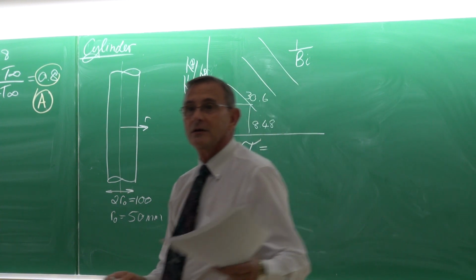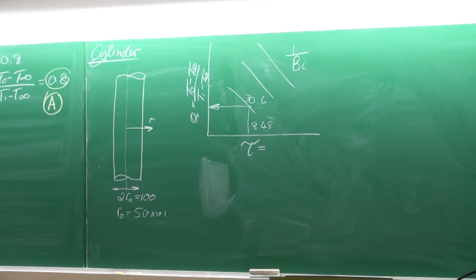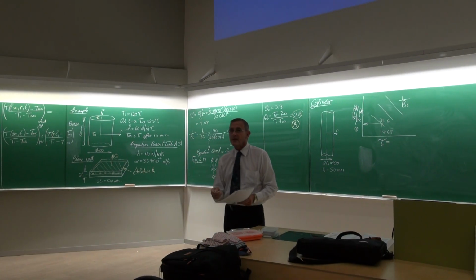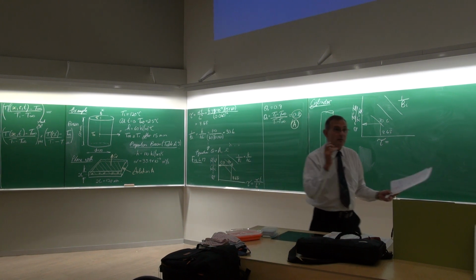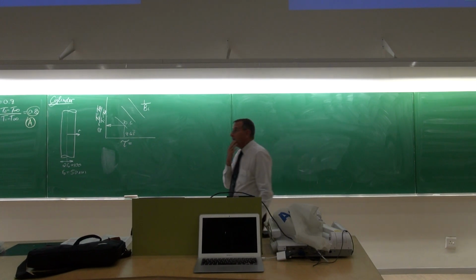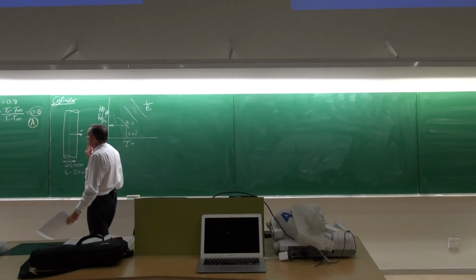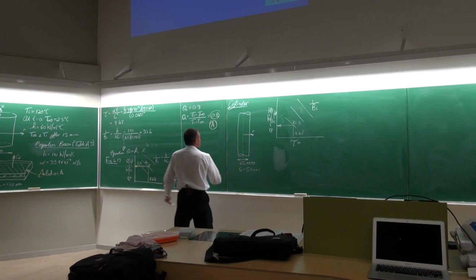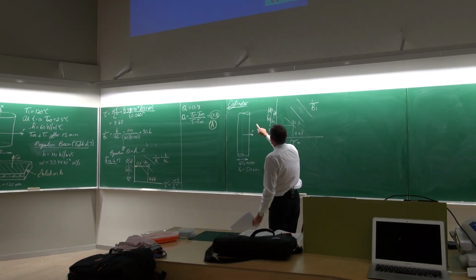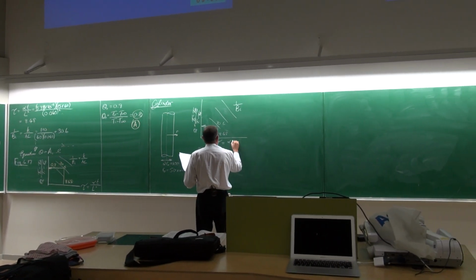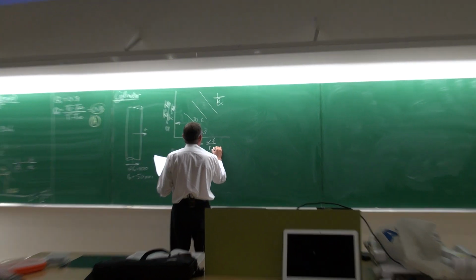Yes, well done. You'll remember that I said many times you have to look at the fine print when you want to determine the Biot number or the non-dimensionalized time. So for the case of a cylinder, the non-dimensionalized time is equal to alpha t divided by R0 squared.